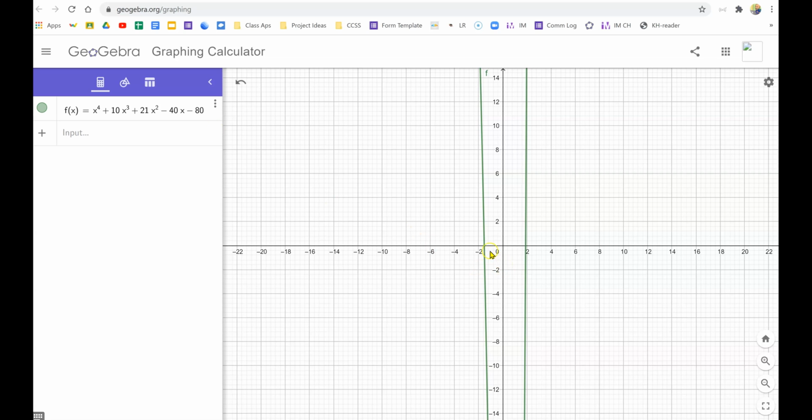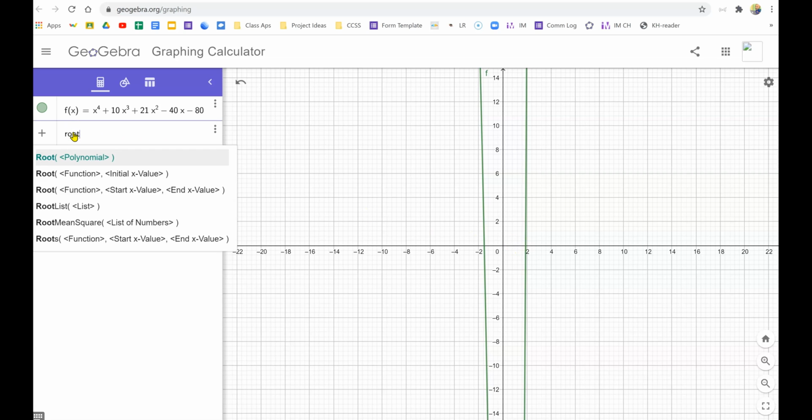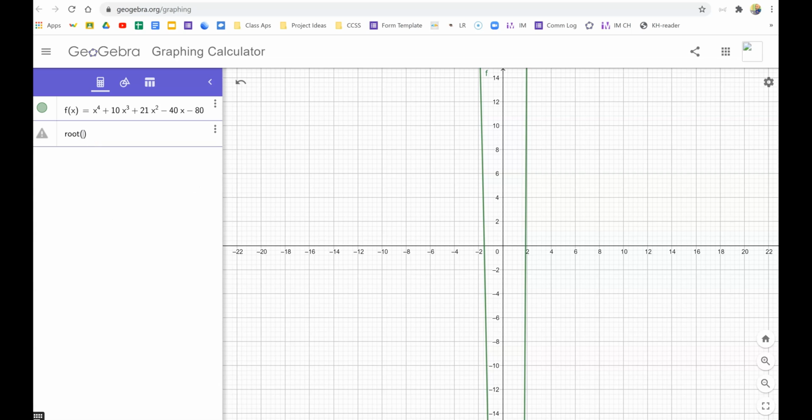So remember that when a graph crosses the x-axis, the point where it crosses is also called the root or the solution. So the input or the command for GeoGebra finding the place where it crosses the x-axis is just root. So I'm going to type in root. And notice it kind of gives you hints as to how you're supposed to enter that, but I'm just going to hit parentheses.